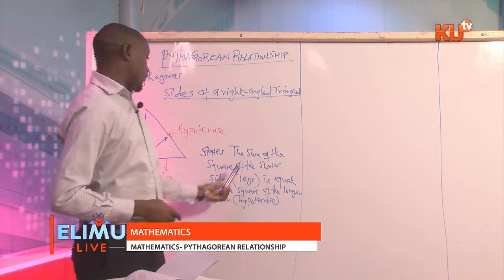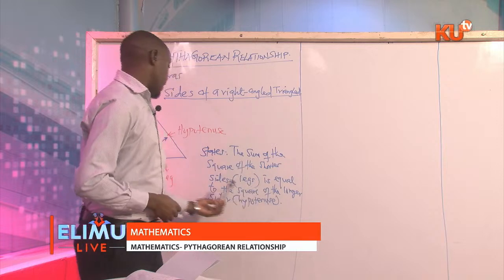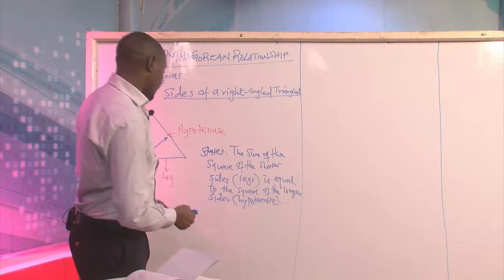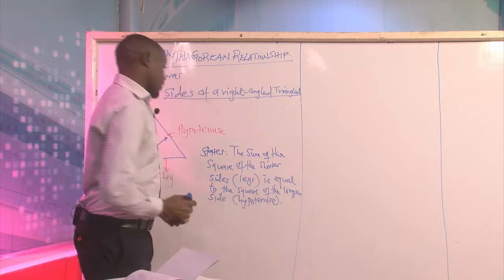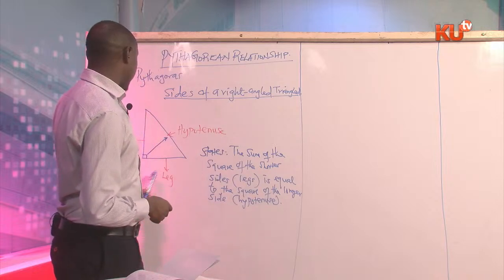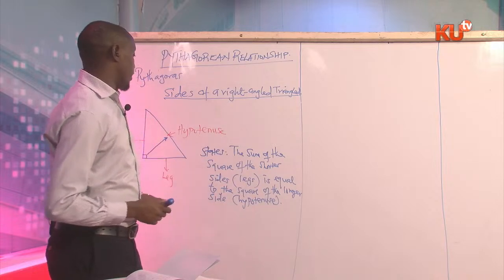So the sum of the square of the shorter sides is equal to the square of the longer side, which we also call the hypotenuse. So the sum of the square of the legs is equal to the square of the hypotenuse.